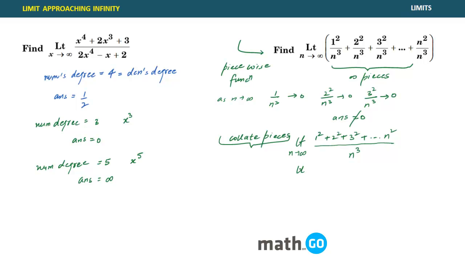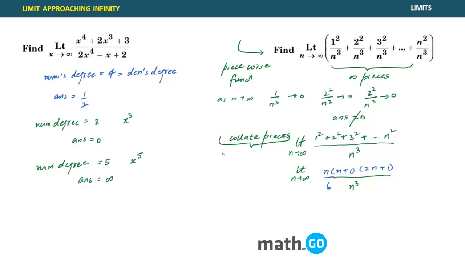So what this problem then becomes, the numerator here is the sum of squares of n natural numbers. What is the formula for that? We know that the formula is n into n plus 1 into 2n plus 1 by 6, right? The denominator is nothing but n cube.